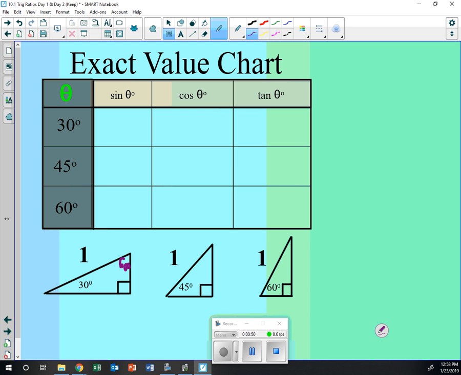This length is 1, so the short side will be a half. And then if you use Pythagorean theorem, it will be 1 minus a fourth is 3/4. Square root is square root of 3/2. Likewise, if this is 60 and this is 30, the short side will still be a half, and the longer side will be square root of 3/2.